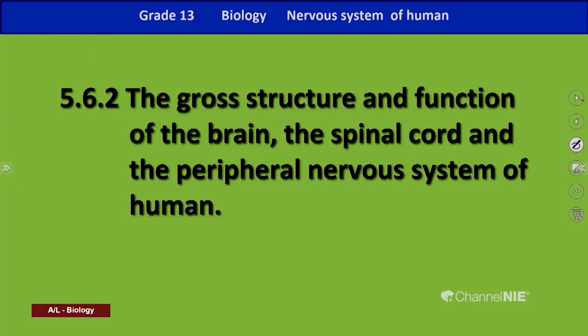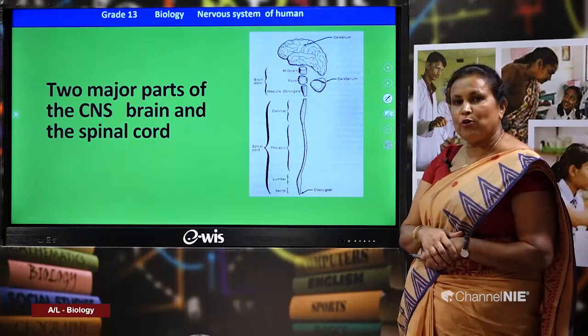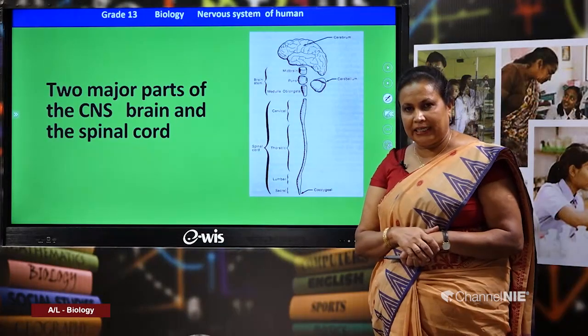Now you can see competency level 2 in unit 5, the gross structure and function of the brain, the spinal cord and the peripheral nervous system of human. First I am going to teach you about the brain.